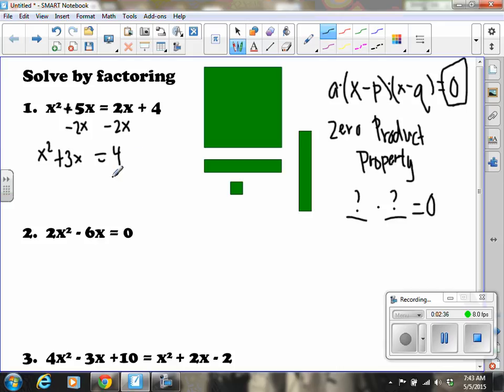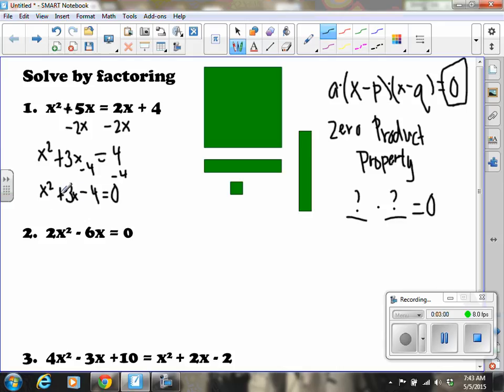I want to be set equal to 0, so I'll minus 4. Leaving me with x squared plus 3x minus 4 equals 0. Now that I've got it set equal to 0, we can factor it.